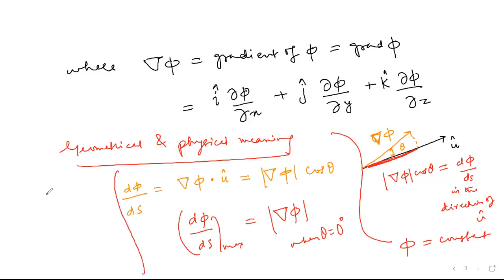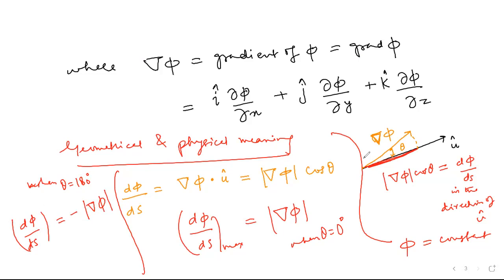Now, if I move in the opposite direction of del phi, that means when theta is 180 degrees, cos 180 is minus 1, then my directional derivative will be minus the magnitude of this gradient of phi.